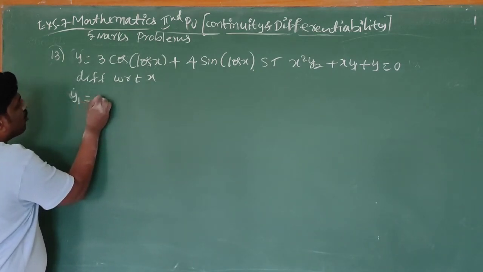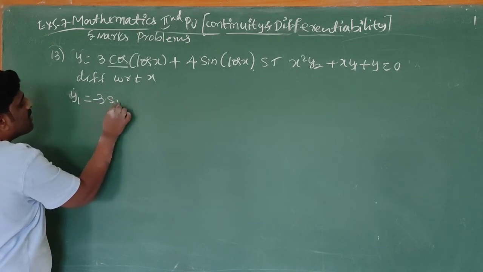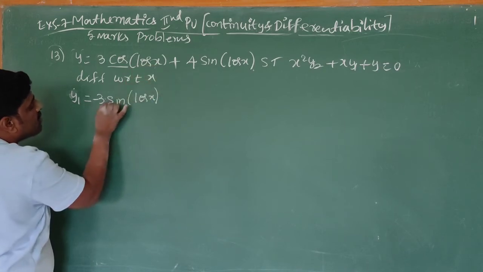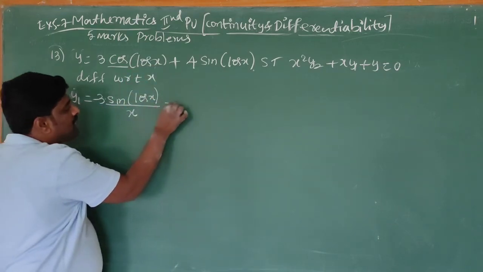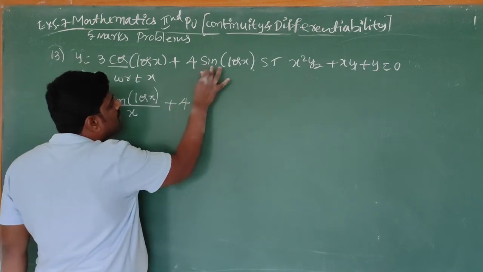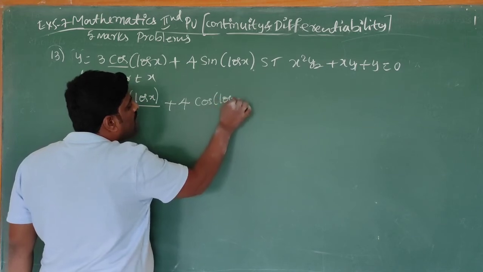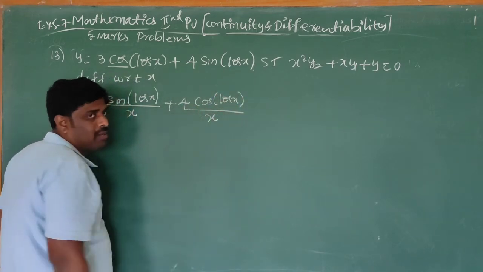y1 is equal to 3 as it is, cos differentiation is minus sine of log x, log x differentiation is 1 divided by x, plus 4 as it is, sine differentiation is cos of log x, log x differentiation is 1 by x.